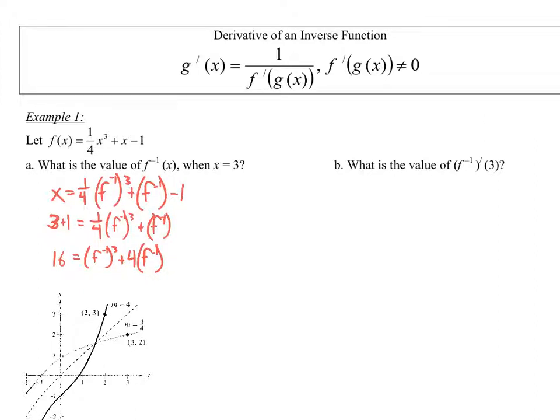Well, let's think this through here. If I factor out an f inverse, I'm going to have f inverse times f inverse squared plus 4. That equals 16. Divide both sides by f inverse squared plus 4?